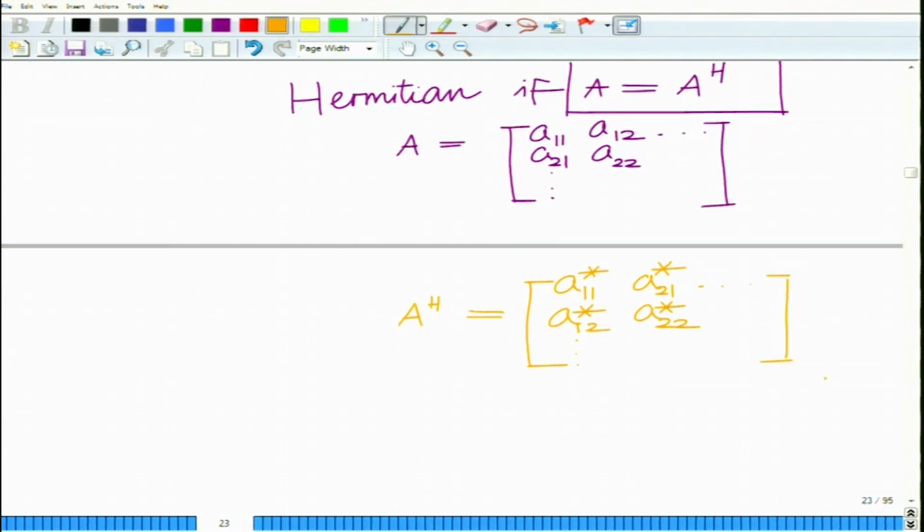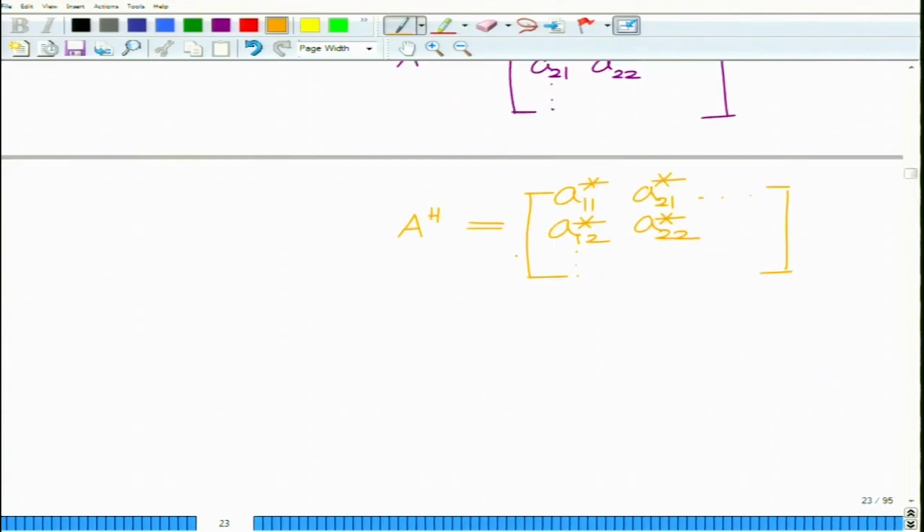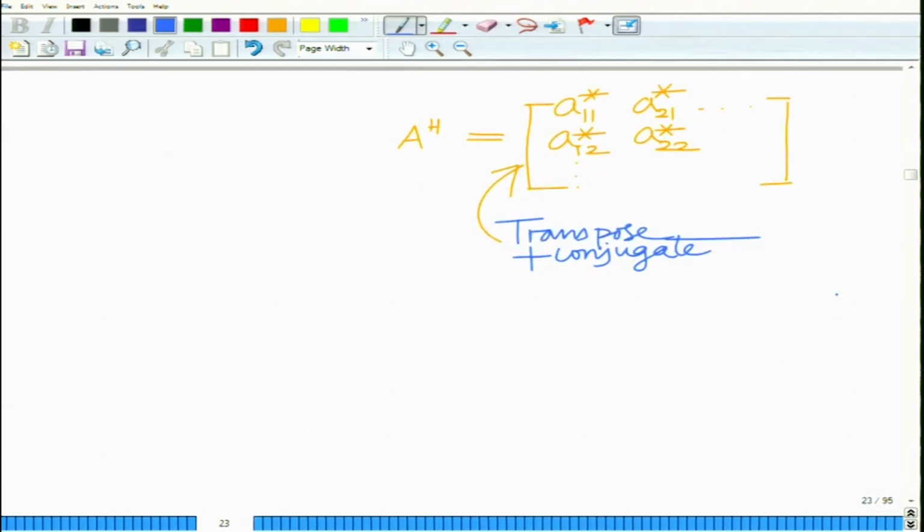So basically for the Hermitian you take the transpose plus the conjugate of each element. Now, A equal to A Hermitian means that Aij equals Aji conjugate.